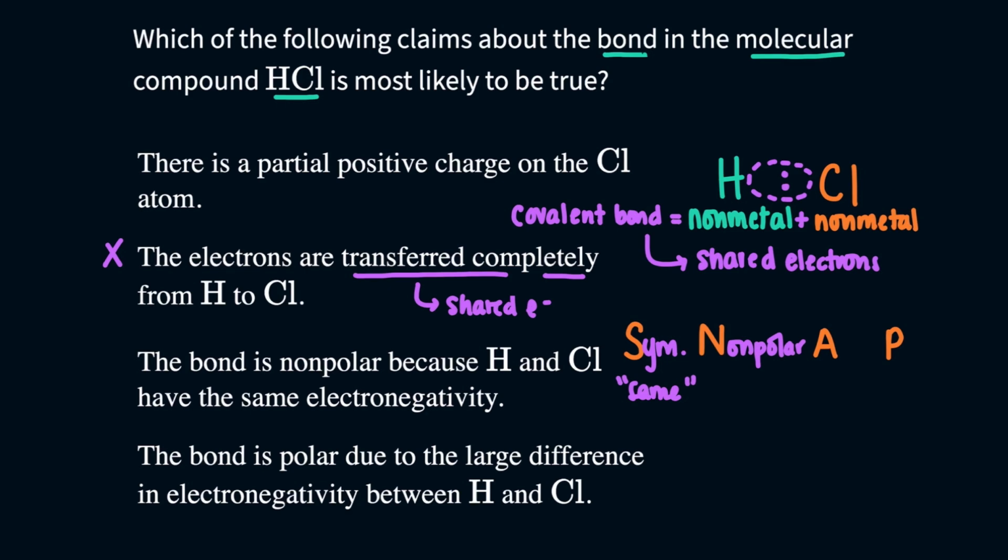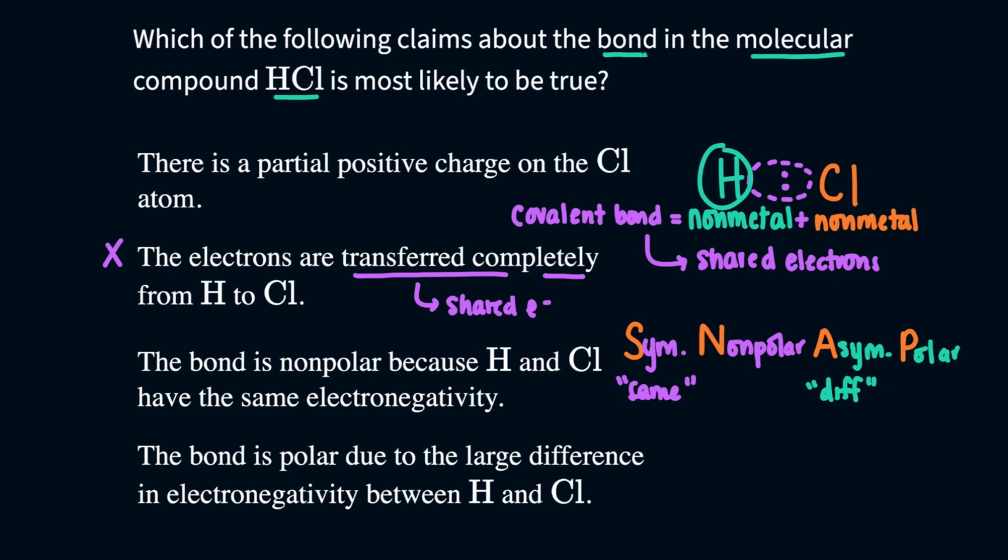Now, does this work all the time? No, but it's a good generalization. If the elements across that bond are asymmetrical, aka they're literally different elements, then the bond would be classified as a polar bond.